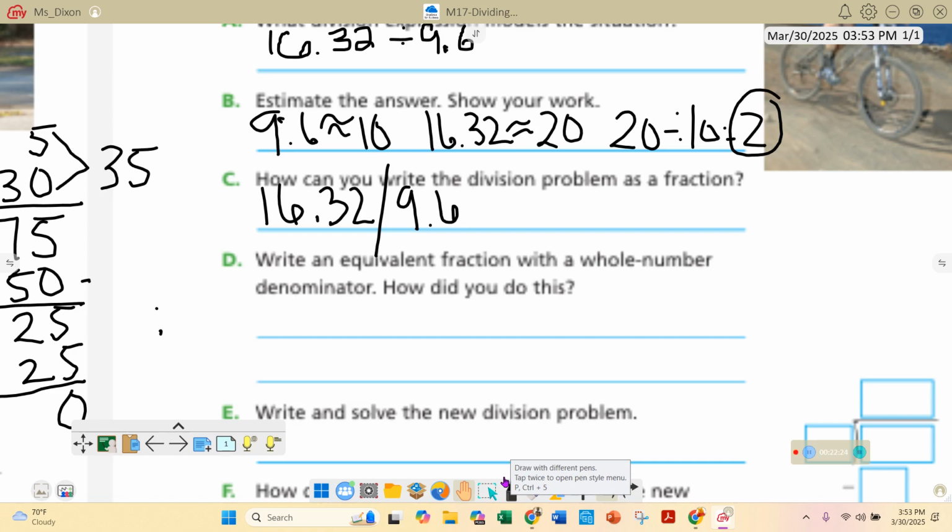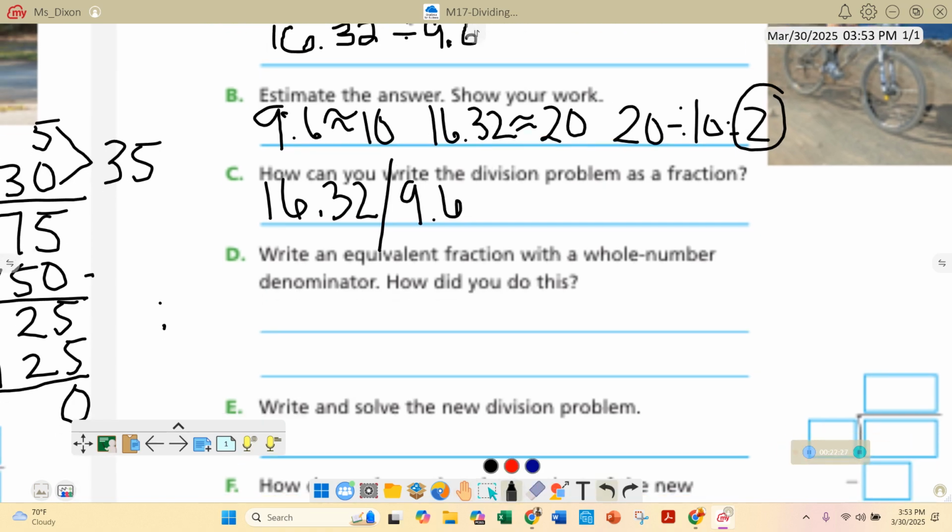So 9 and 6/10 times what will get us a whole number? What is the whole number we're trying to get to? 96. That's the whole number. So we know we have to move that decimal how many places to the right? 1. 1 place to the right. What would we multiply 9 and 6/10 by that would move that decimal 1 place to the right, turning it into 96?